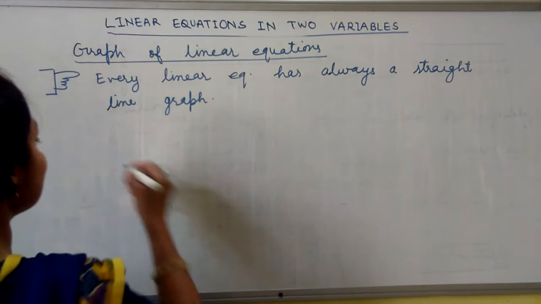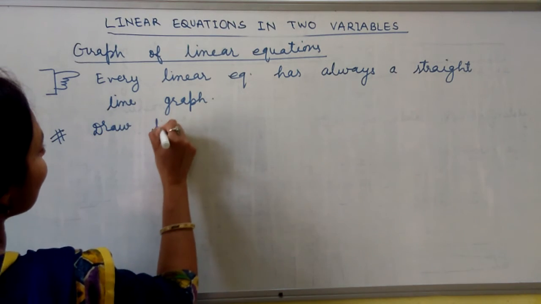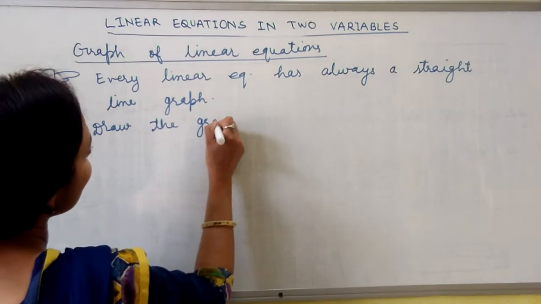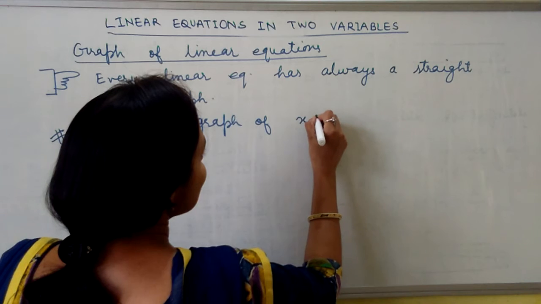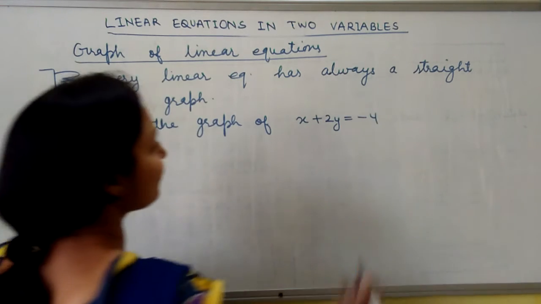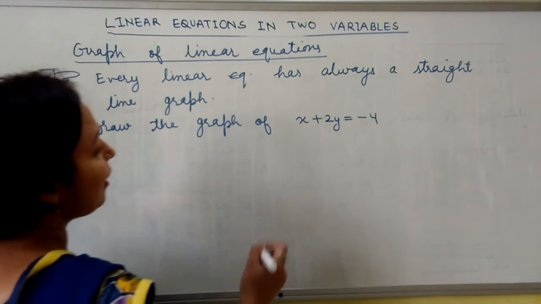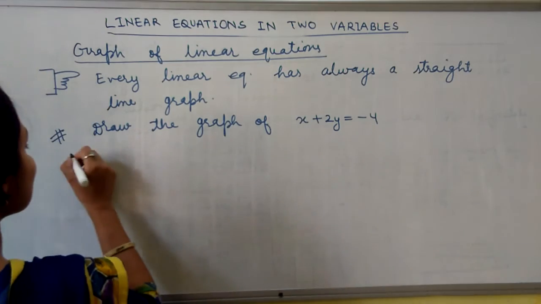How can we check? Take the question: draw the graph of x plus 2y is equal to minus 4. How can we solve this?